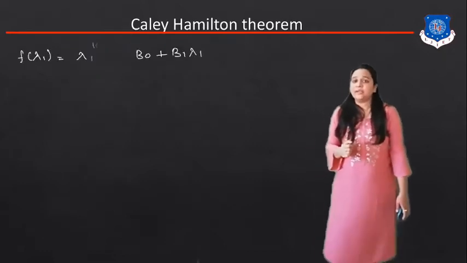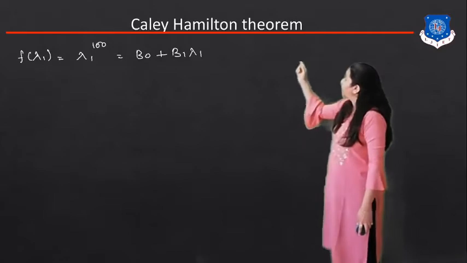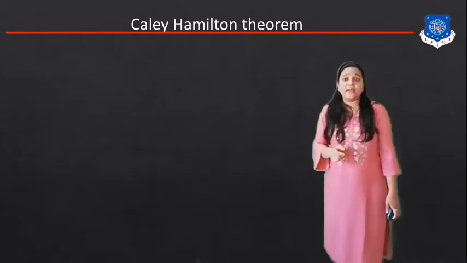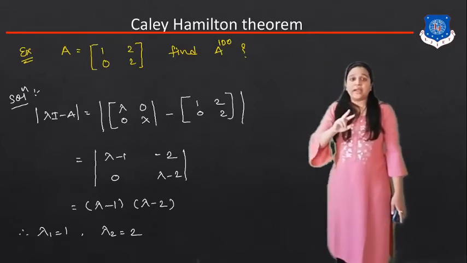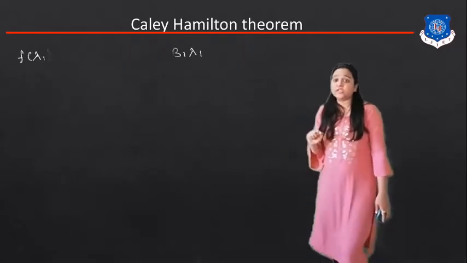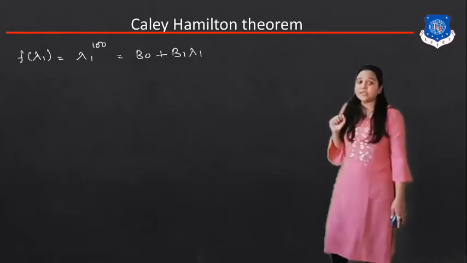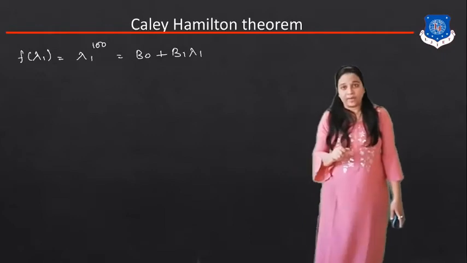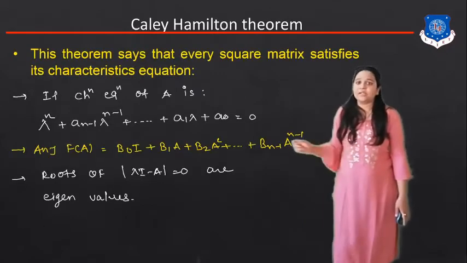Next we have to find the value of f of lambda 1, that is lambda 1 raised to 100. Here we have two values, lambda 1 and lambda 2. So first, the function of lambda 1 is lambda 1 raised to 100, which is equal to b0 plus b1 lambda 1. This equation comes from the characteristic equation.